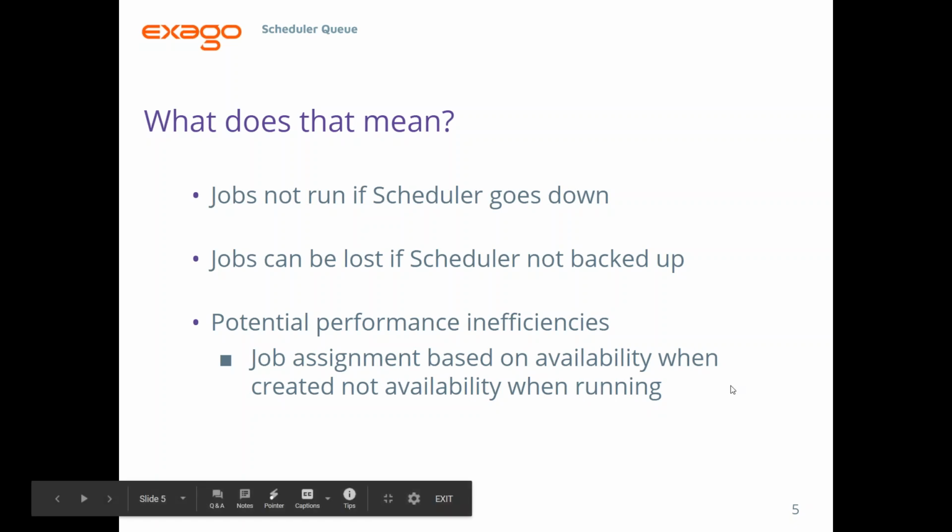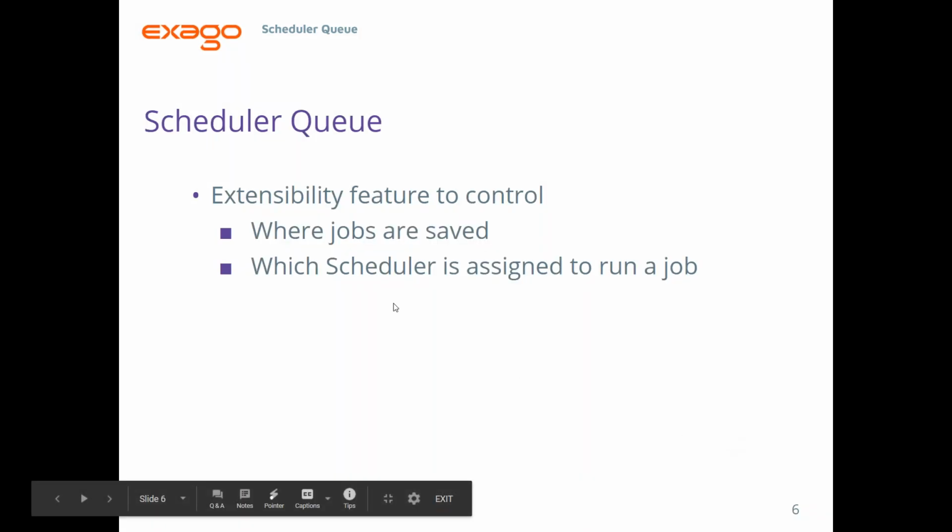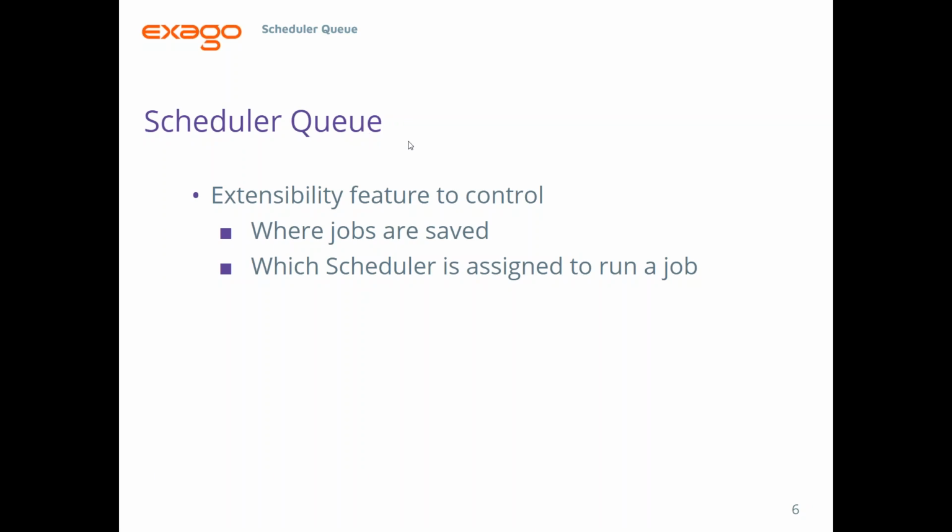And this is just our out of the box behavior. Okay, and this last piece is where the queue comes in. For the folks doing lots of computer science, we're calling this a queue because it is one, not a stack. The first thing in is the first thing out. Particularly what we're doing here is setting up a way that you can tell Exago, hey, when it's time to save a job, here's some custom code, and we're going to go through a sample of what that code looks like, with specifically named methods so you know how to interface with it.